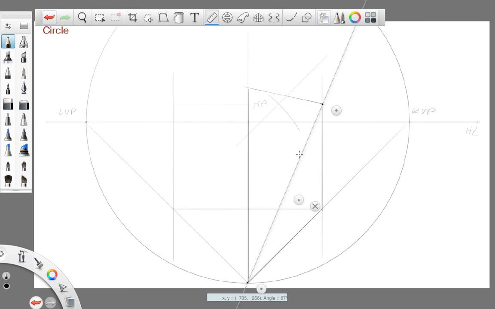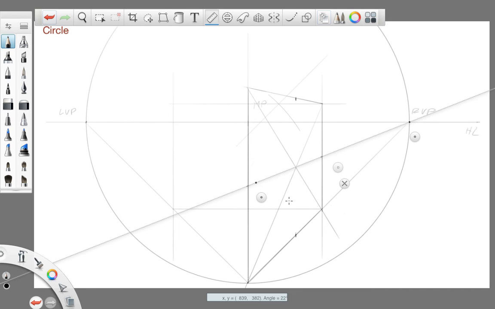So let's do the same again. I will draw my diagonals, and then the other diagonal. Then I can find the midpoint there and there, and I can find the midpoint on the two vertical edges. Okay, good.